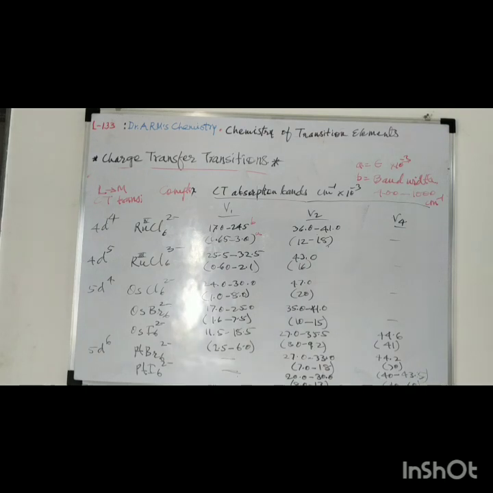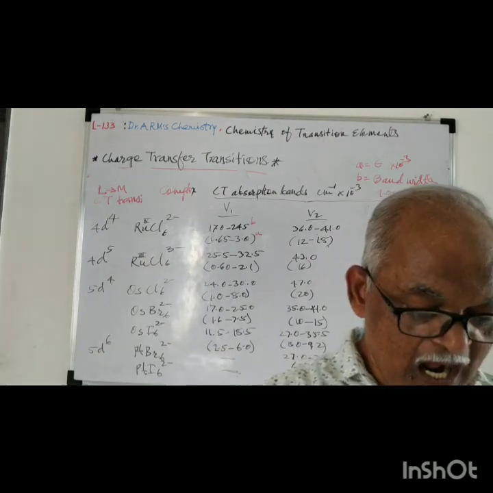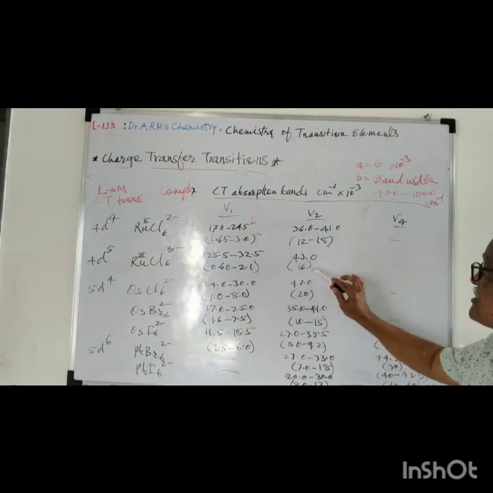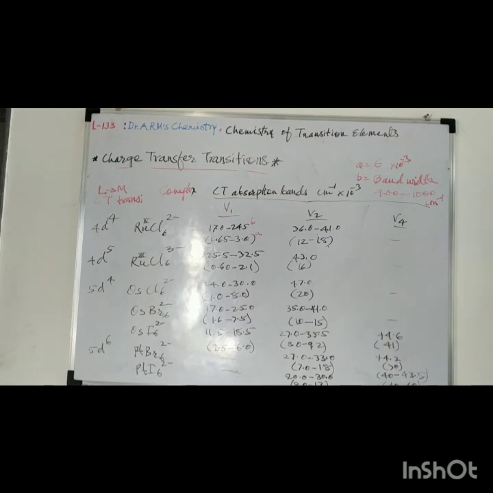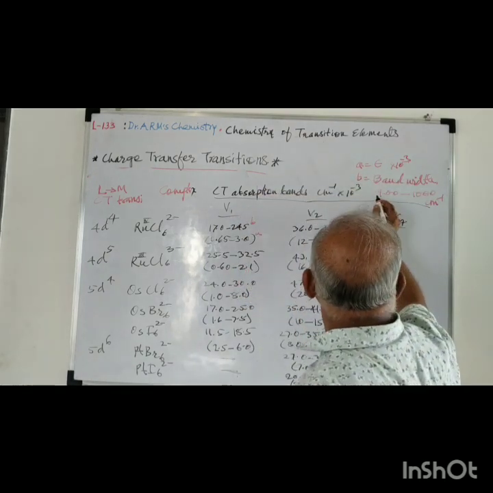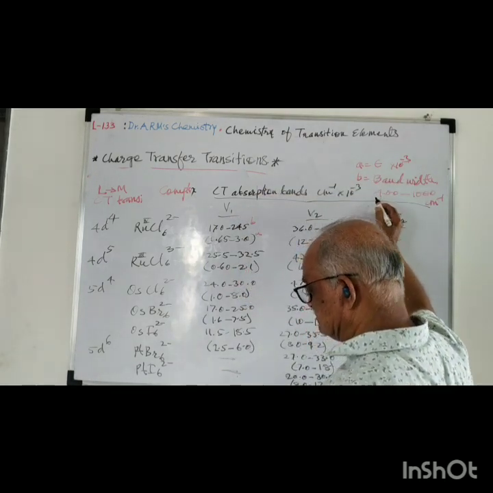The transitions assigned to V2 sets have half band widths, which are shown here in the parentheses. These values range between 2000 to 4000 per centimeter.